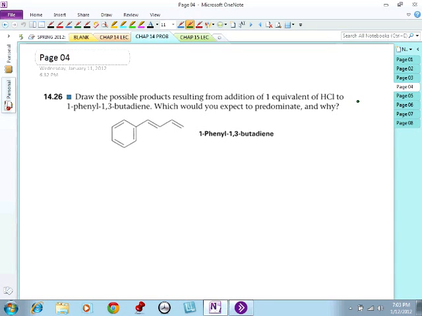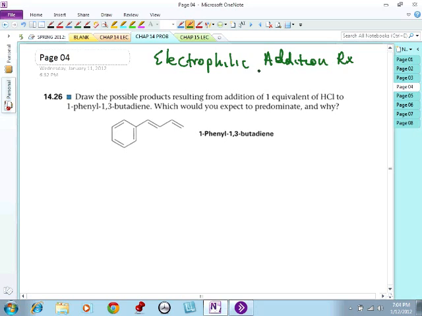So what I want us to do now is to revisit the reaction that we started the last time we left, which is electrophilic addition reaction involving conjugated alkenes or conjugated dienes. Let's see, who do I want to read this here? Mayo, go ahead and read this for us.